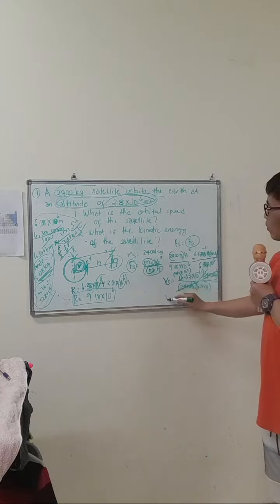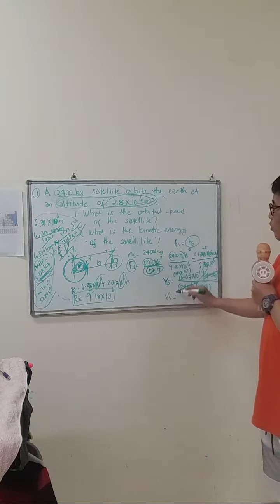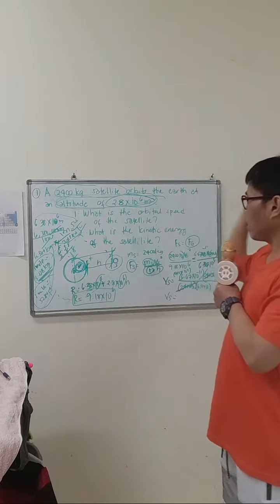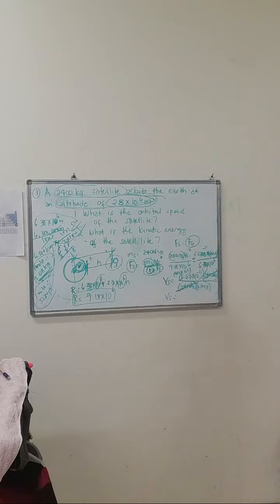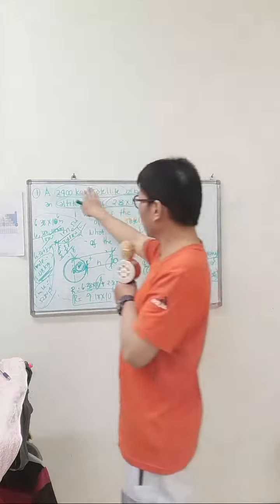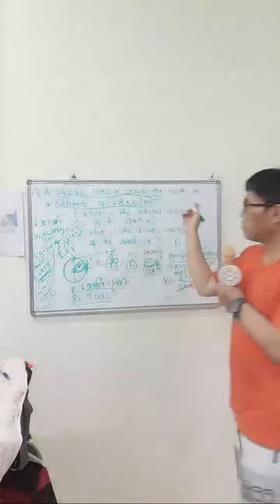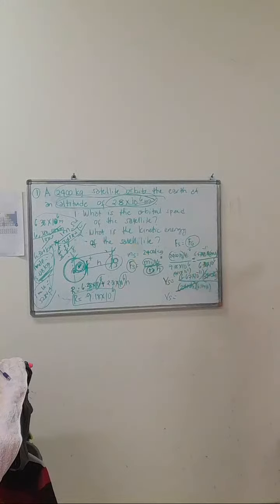Actually, guys, when you compute this one, you don't have to put the mass of the satellite because it's the same. You can cancel out this one. Even though you don't mention the mass of the satellite, you can still answer this question, because it will be cancelled from the left to the right.